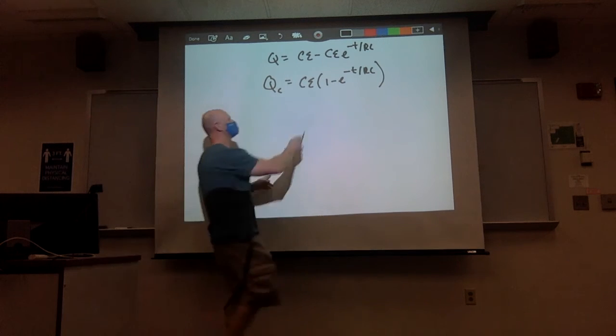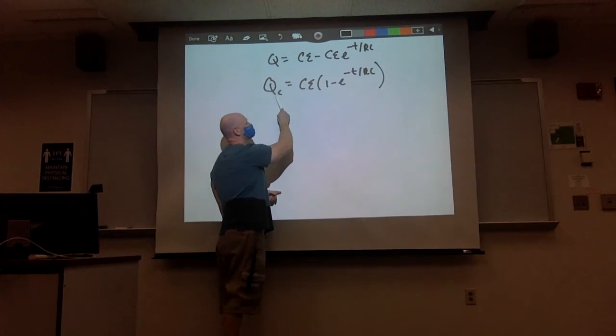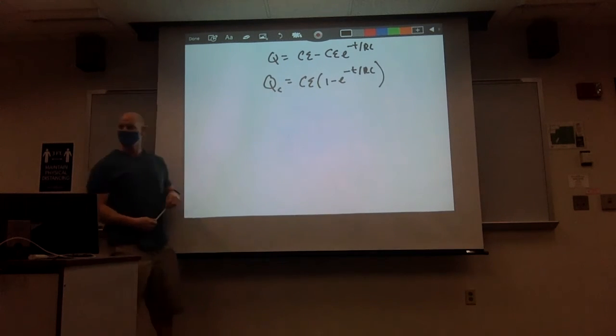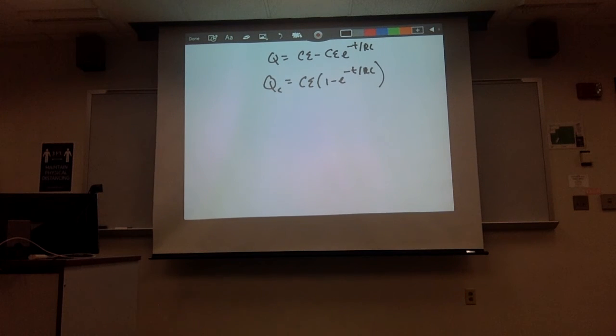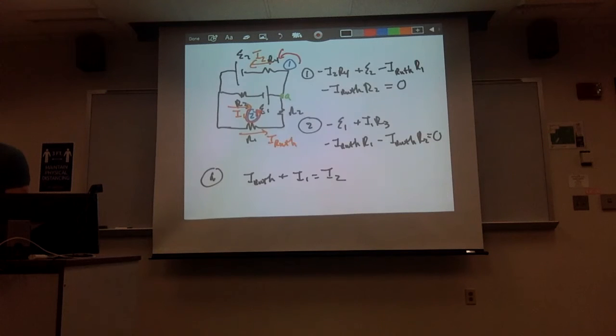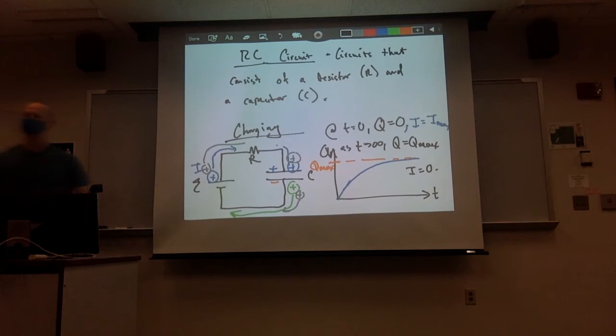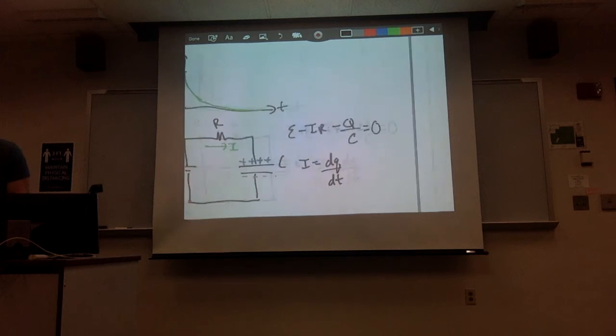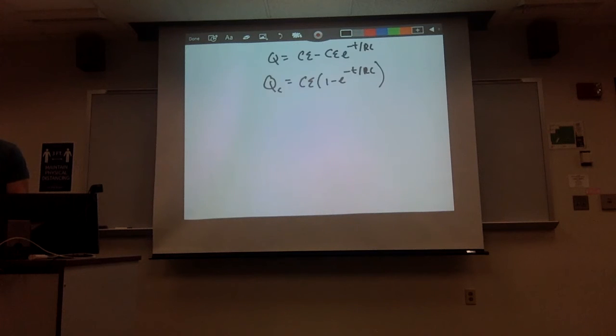So as t goes to infinity, this term goes to 0, which then leaves my charge simply equal to the maximum charge, which is based off the capacitor, which is C times the potential. This matches perfectly with what we said should happen. If I actually plot it out, what I find is that this plot does completely match this plot here. So this is the actual time dependence of how this variable plate capacitor charges over time.